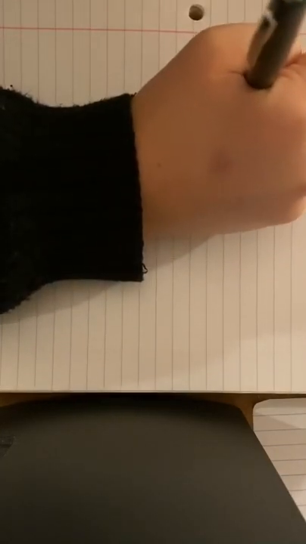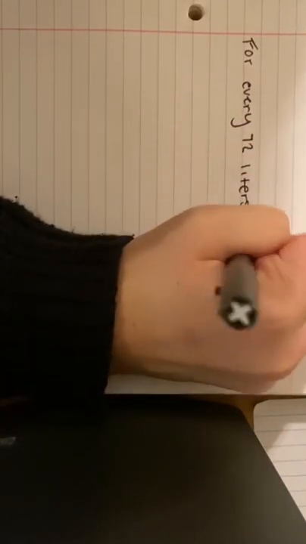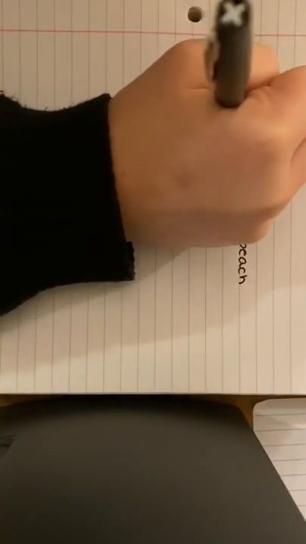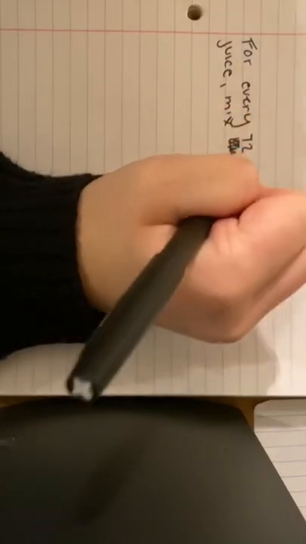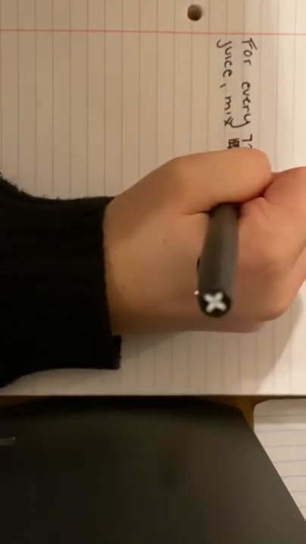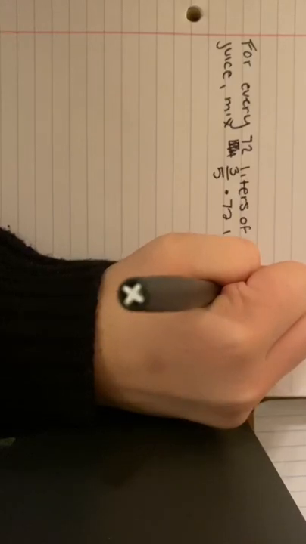So this one says, explain how to reason with a value of the ratio and another way to determine how much grape juice the company should mix with the amounts of peach juice in part C. So this one we do for every 72 liters of peach juice, mix 3 fifths times 72 liters. And then this will give you how much grape you need.